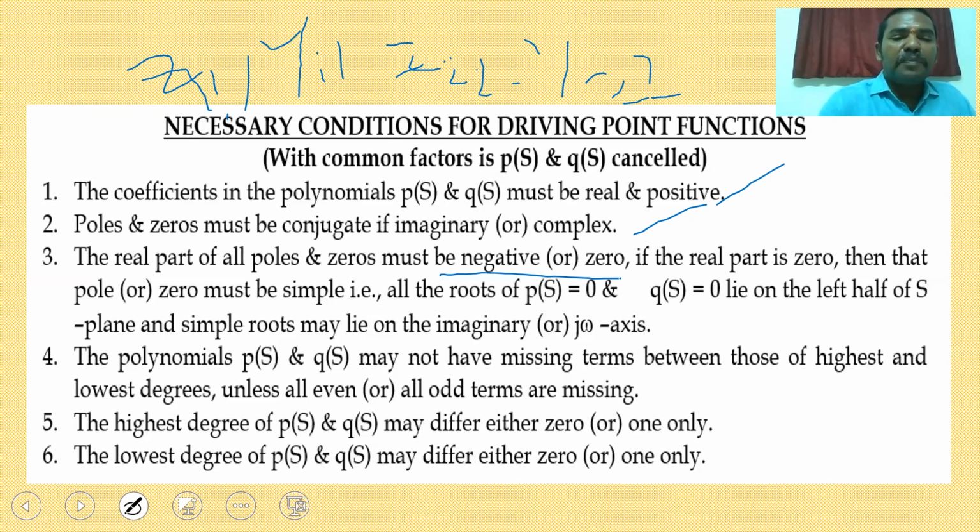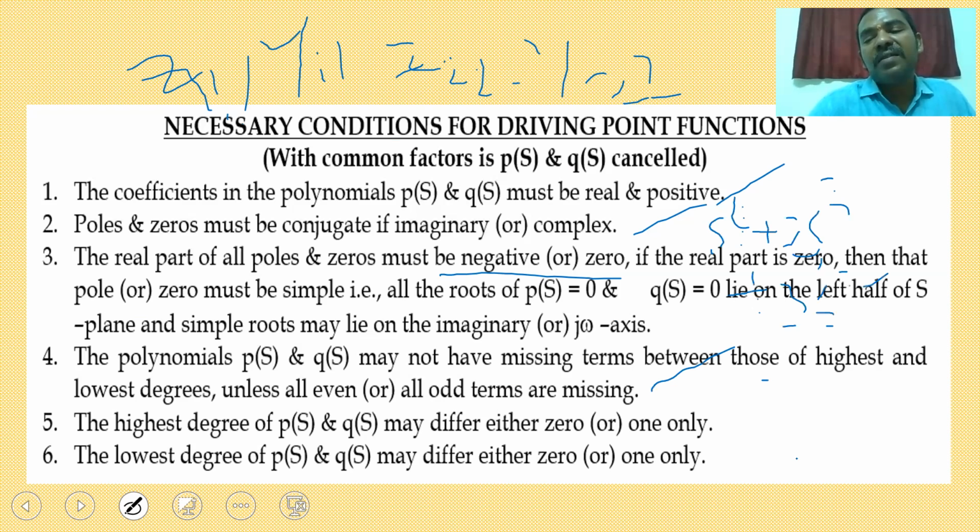Then in the P of s polynomials and Q of s polynomials, there must be no missing terms. For example, s power 4 plus 2 times s power 3 plus 3 times s square plus 4 times s plus 1 is equal to 0.